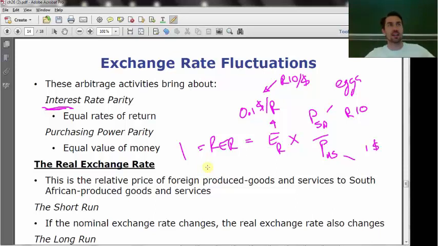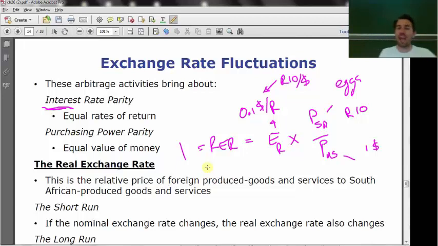Everything's exactly equal, right? But the South African economy doesn't just produce eggs, and the US economy doesn't just produce eggs. It produces other stuff, right? And we produce other stuff.